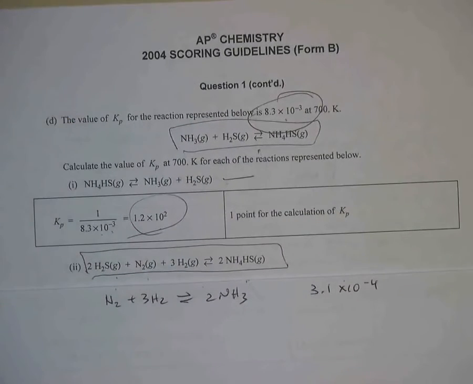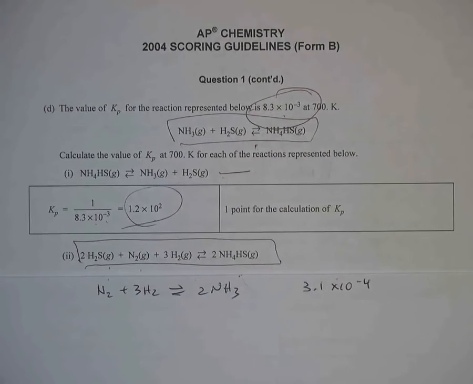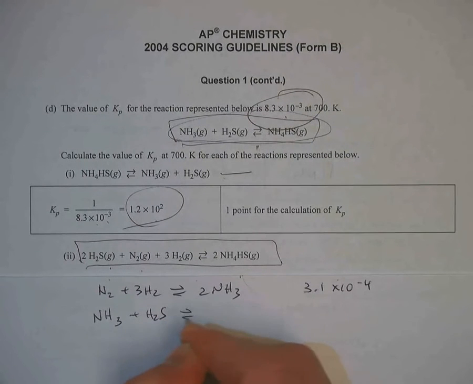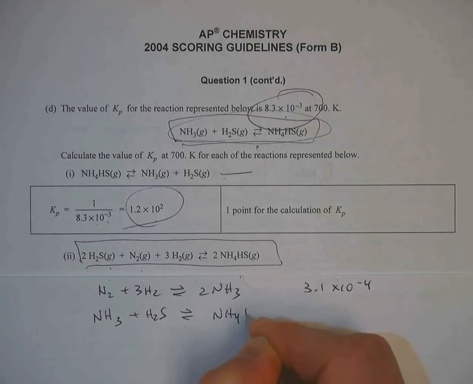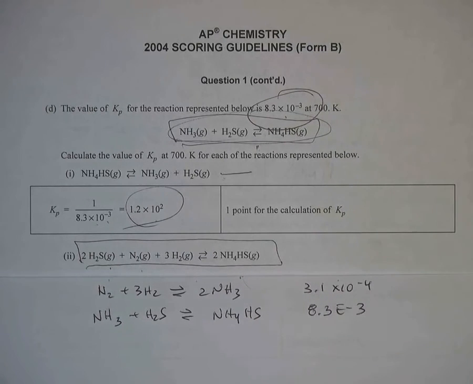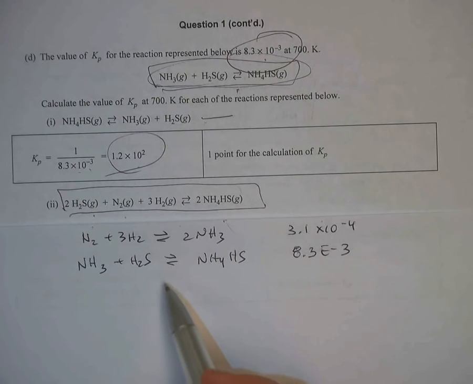That's the K for that one. And then this reaction right up here was the NH3 plus H2S goes to NH4HS. And this one had 8.3 e to the negative 3. Now, how do I get it to look like this one in the box?